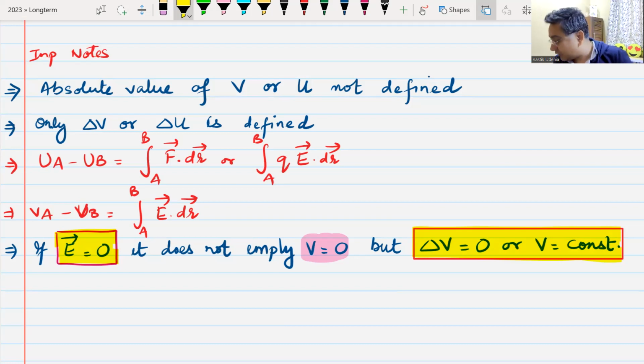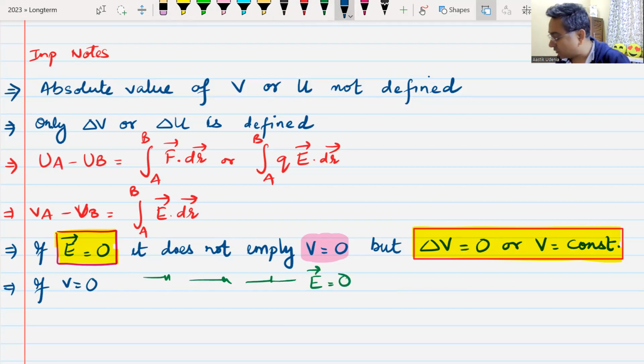E is 0. That does not imply V is 0, but it implies the change in potential is 0. The next point. If V is 0, it does not imply that electric field is 0.